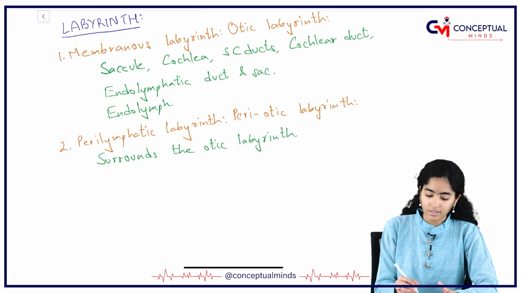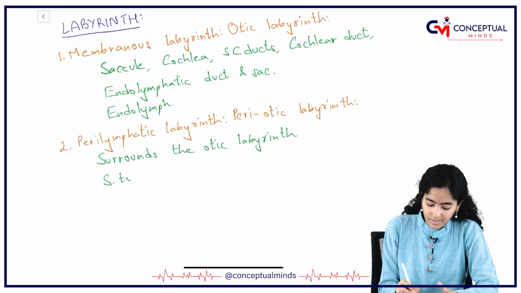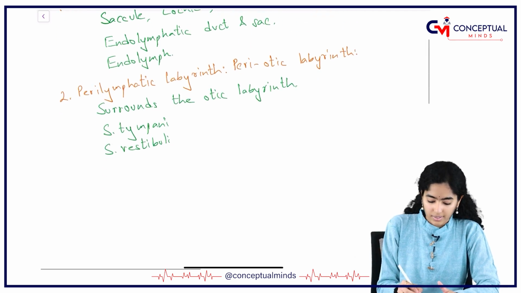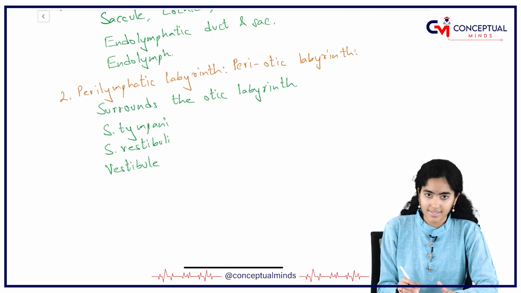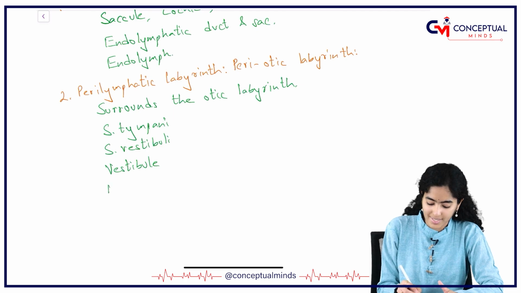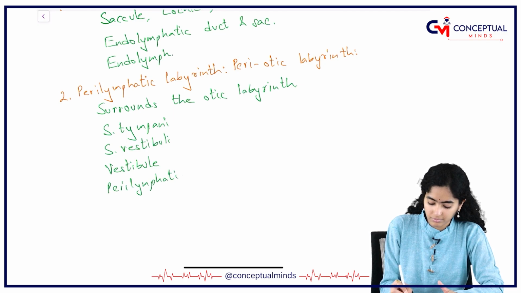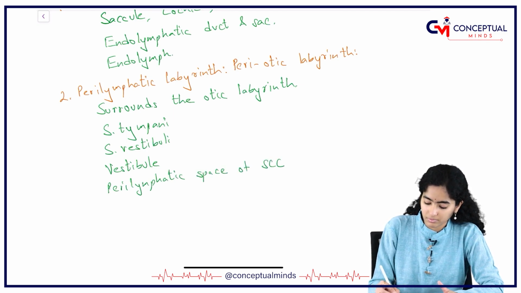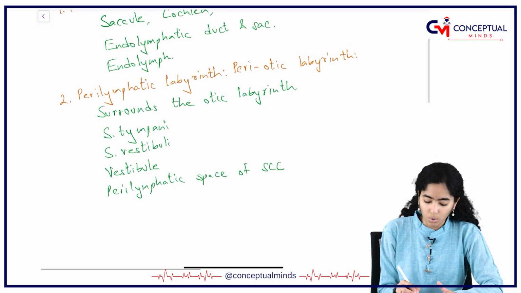What all are present here? We have the scala tympani, scala vestibuli, the vestibule, the semicircular canals, the perilymphatic space of the semicircular canals, and finally the periotic duct.